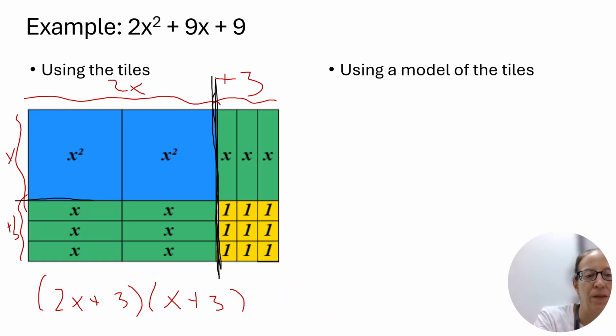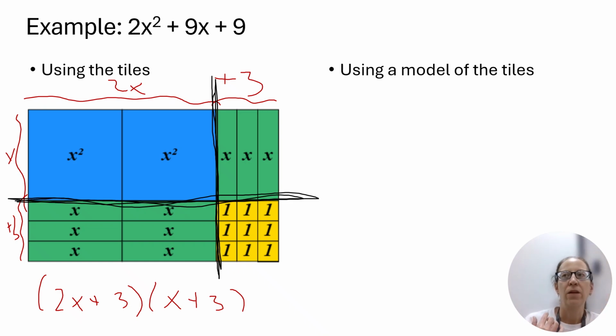Just like that. Now, if you remember from the last lesson, one of the tips that I said was to put all of your big squares in the upper left, build going to the right and down with your x tiles, and then put your ones, your little constants, in the lower right.